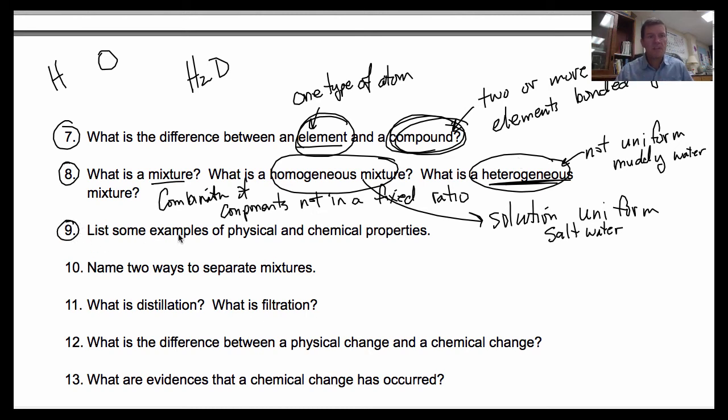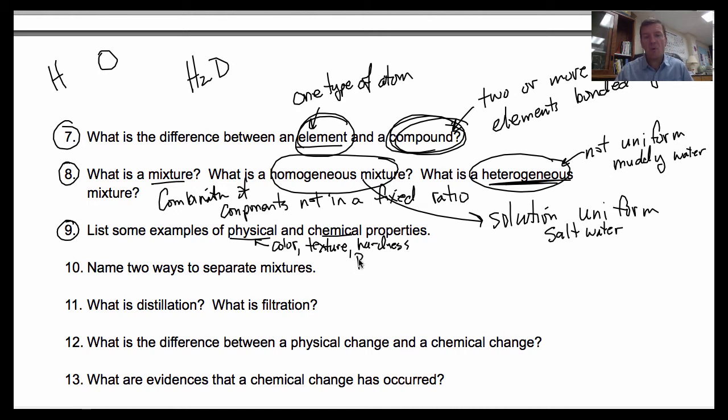Number 9, list some examples of physical and chemical properties. Physical properties are those that you can observe or you can test, but they don't change the chemical composition of the substance. So those would be like color, texture. Is it rough? Is it smooth? Is it shiny? You can talk about hardness. Is it hard? Is it soft? Is it a powder?